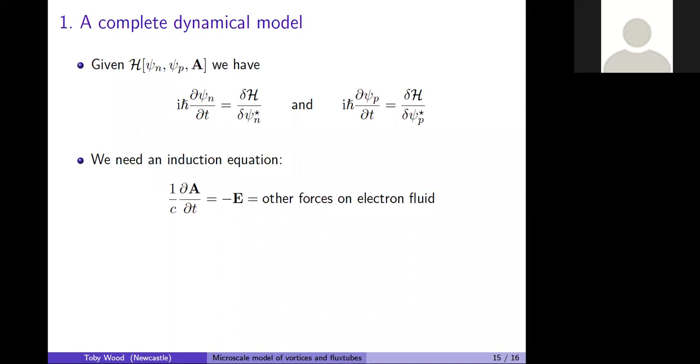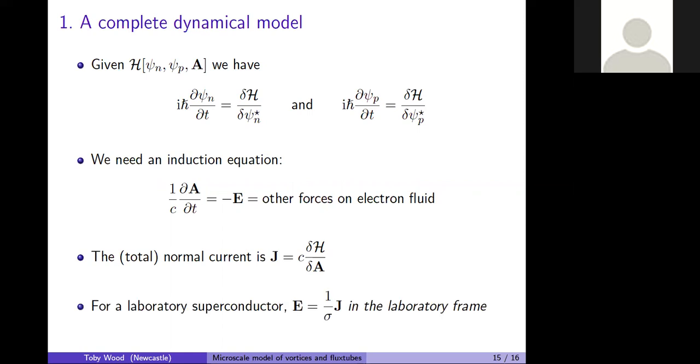I was reminded yesterday that we do know quite a lot about laboratory superconductors. So what do laboratory superconductor models do? Well, there it's easy. You can calculate the total normal current in the system quite easily, and then you just use Ohm's law. The only important force in the laboratory superconductor is the drag on your normal electron current.